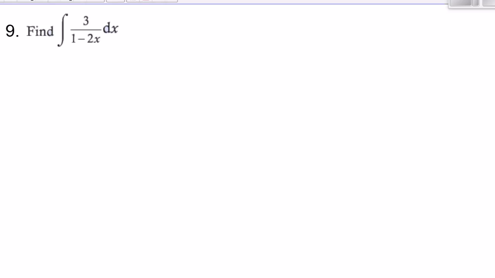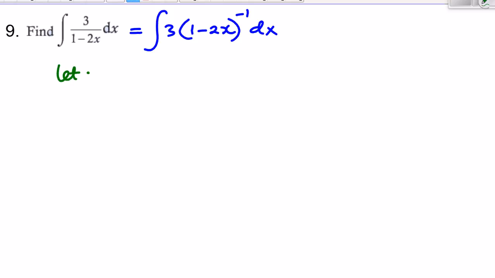Number 9. So the first thing is I can rewrite this as the integral of 3 times bracket 1 minus 2x to power negative 1 dx. And then, say let u be equal to 1 minus 2x. Same process.